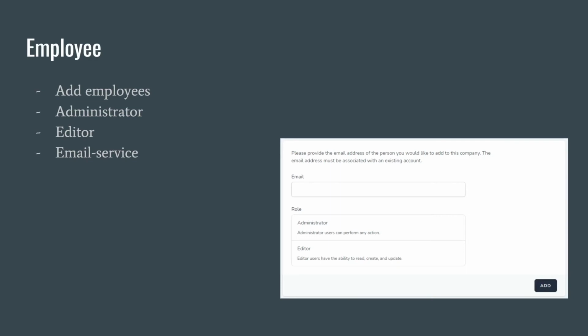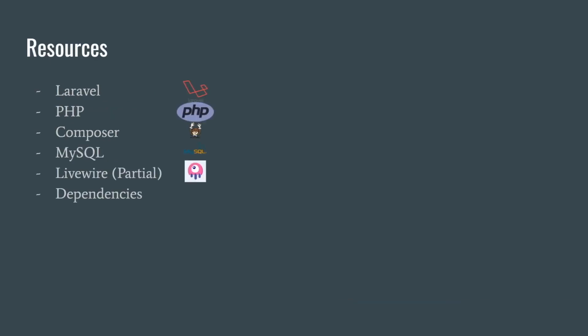We use an email service. Okay, and the resources we used are Laravel. Laravel is a PHP framework, which basically means it is an extension to make it easier for us to program. PHP is the language we actually use. Not much to say about that.